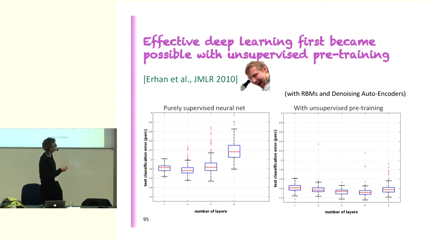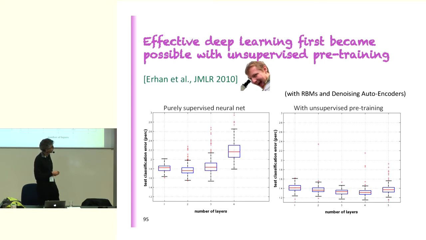On the y-axis, we have the test classification error after having trained, fine-tuned, as we say, these deep supervised networks that were initialized either randomly, or using the unsupervised layer-wise representation learning, with denoising auto-encoders or RBMs.